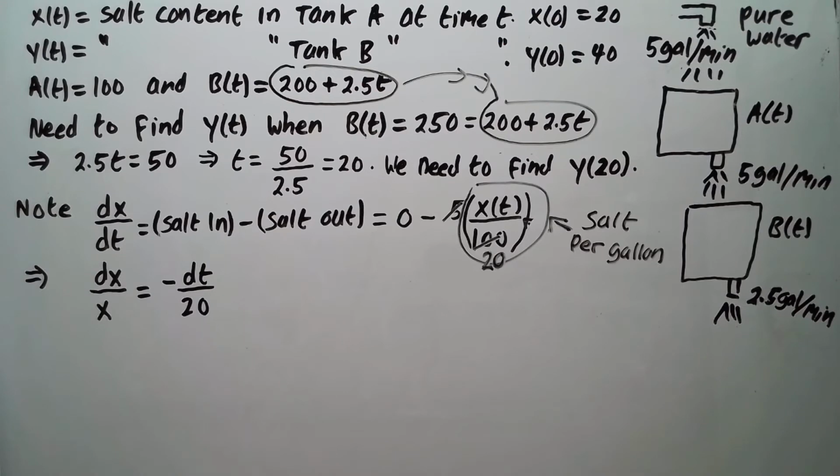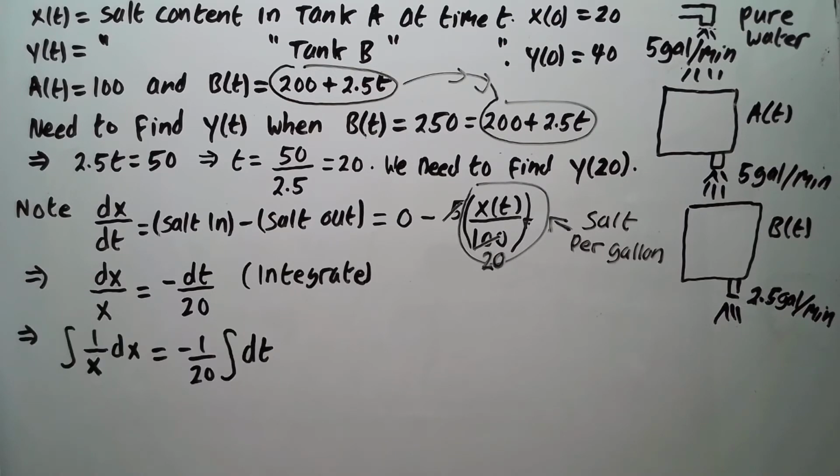Now let's integrate both sides. Integrating 1 over x gives ln of x, and the negative 1 over 20 I pulled out in front, so integrating dt gives t, plus some constant. So we have ln of x equals negative t over 20 plus c.